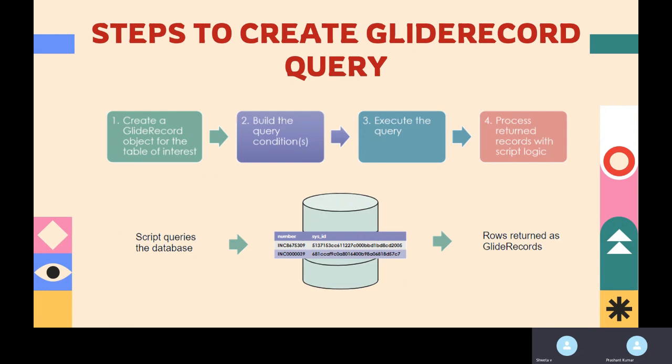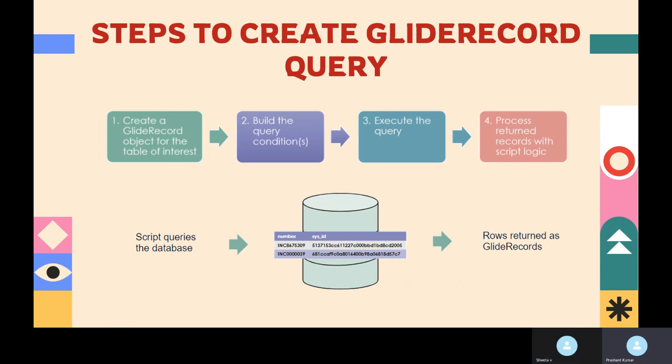There are some steps. The first step is to create a GlideRecord object for the table of interest. Table of interest means you can use GlideRecord on any table in ServiceNow, whether it is incident, problem, change, ABC, XYZ, any table.